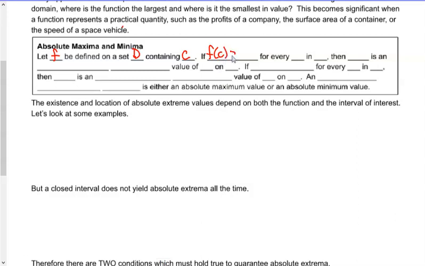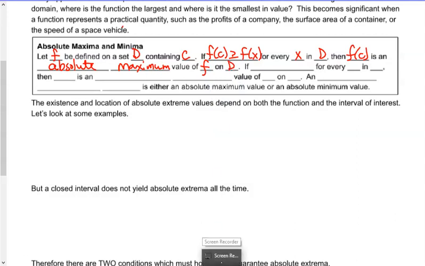If the function value at c is greater than or equal to any f of x for every x in D, then that f of c, remember that's a y value, is what we will refer to as an absolute maximum. Should make sense that if it's larger than everything else, it should be a maximum. And that is going to be a maximum value of f on D, on that domain.